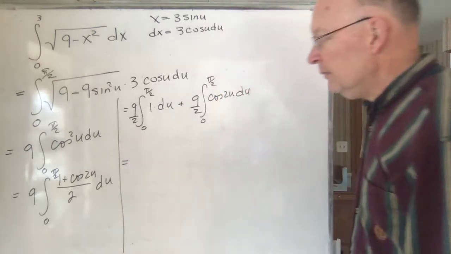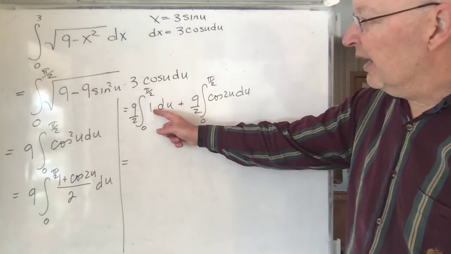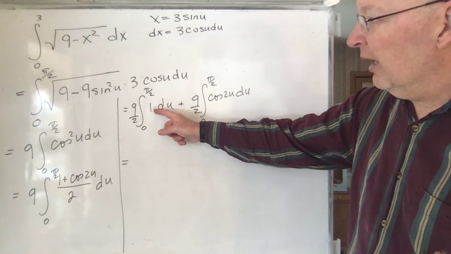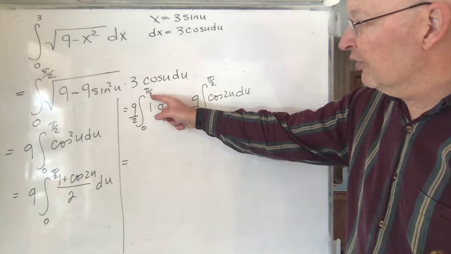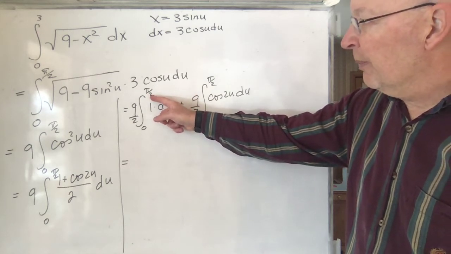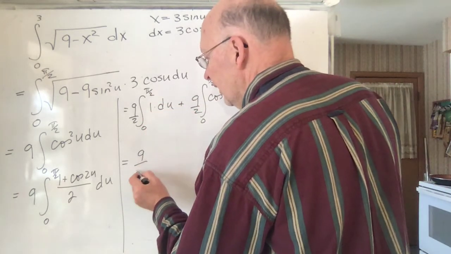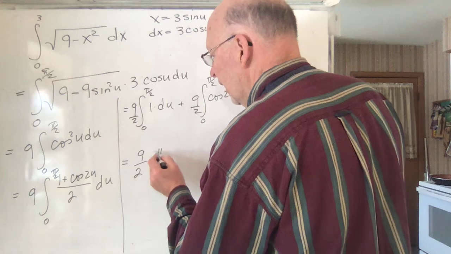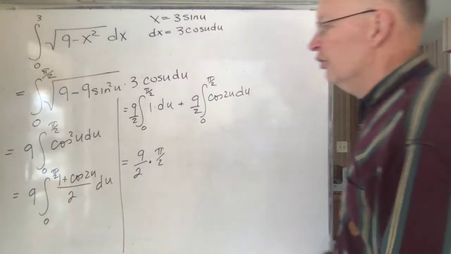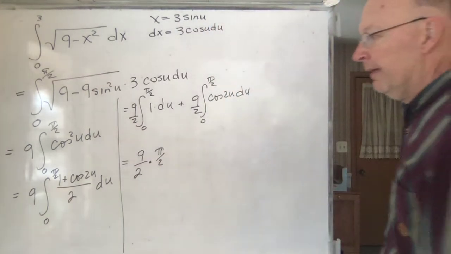Okay? Well, this one's easy. The antiderivative is u, and I evaluate u from here to here. It's just going to be pi over 2. So it's going to be pi over 2 times 9/2. So here's 9/2 times pi over 2 right there.